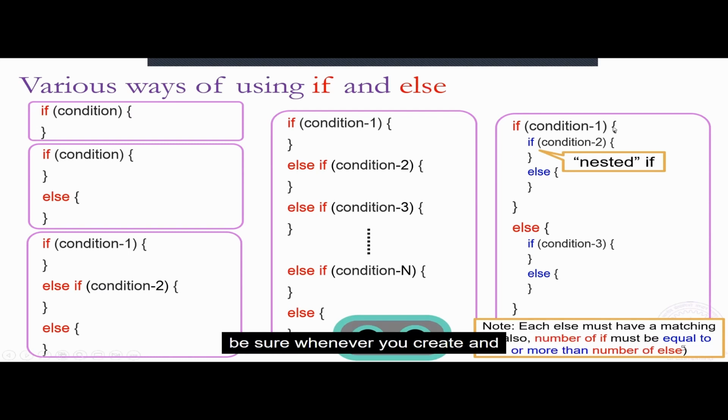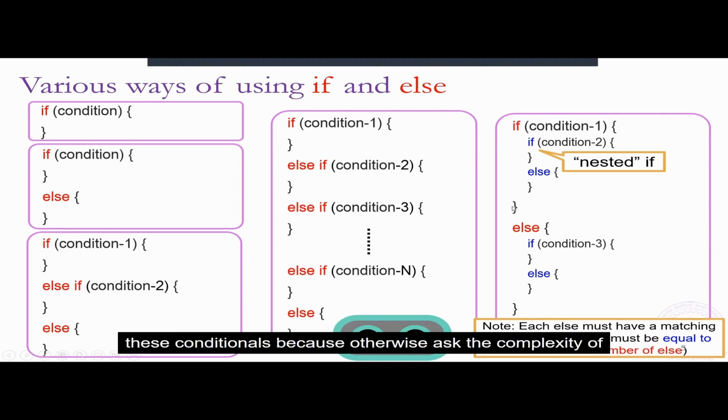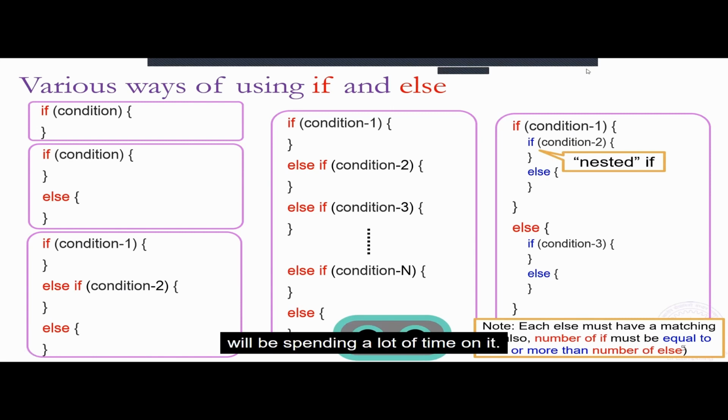So always be sure whenever you create an open curly brace, you match it with a closed curly brace when you're doing these conditionals, because otherwise, as the complexity of your code increases, debugging it becomes a massive, massive challenge, and you will be spending a lot of time on it.